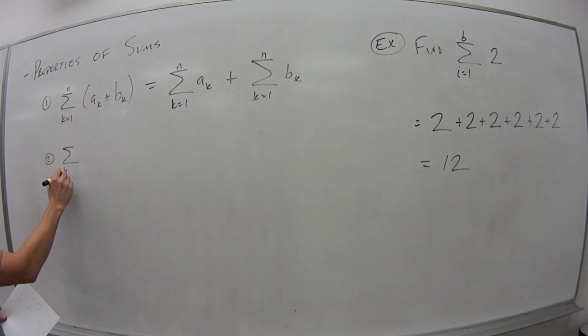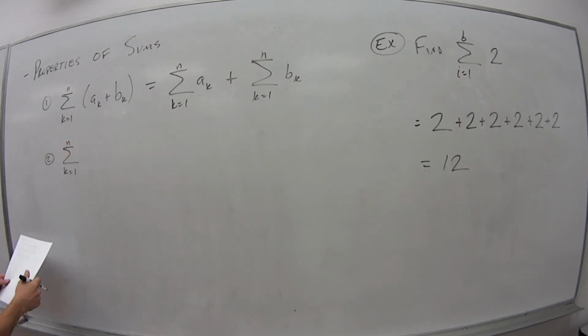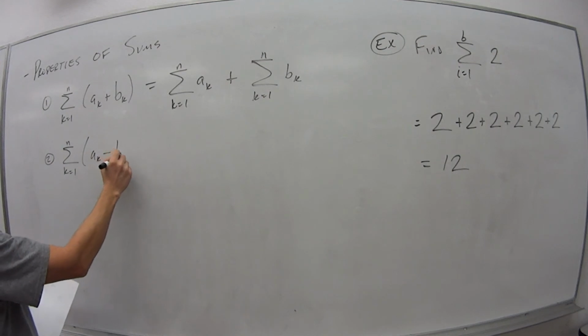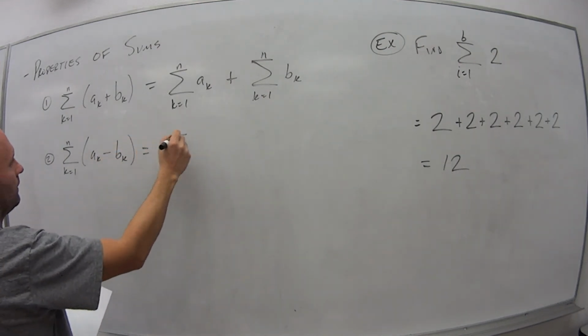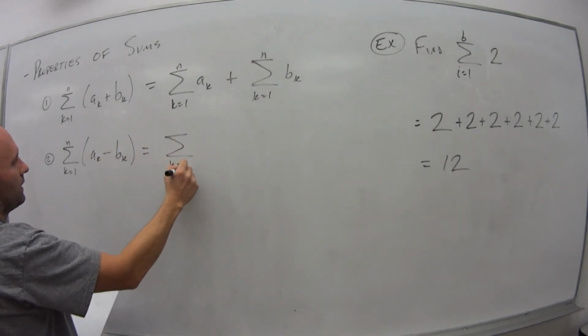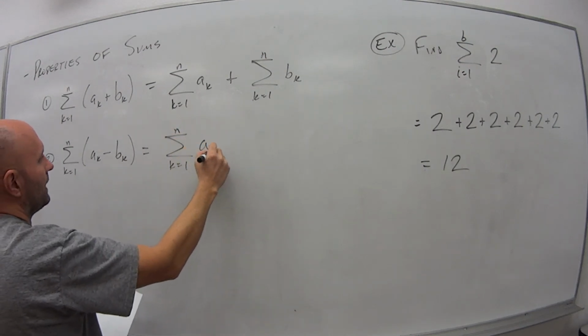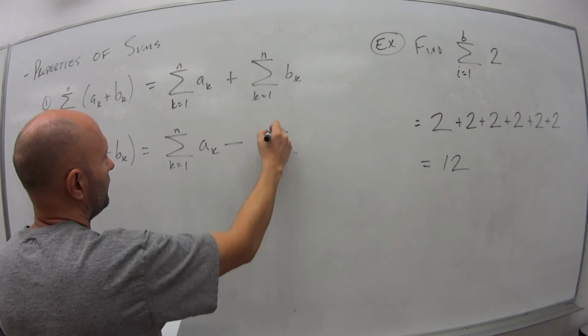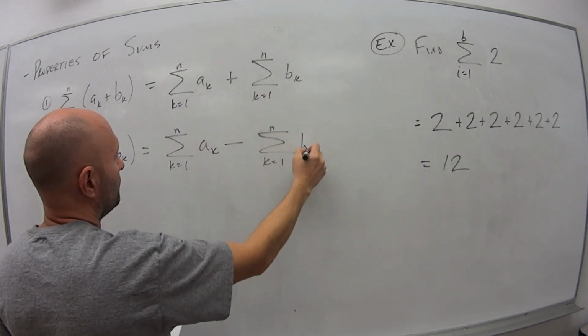Two, if I have the difference, so if I have k equals 1 to n of a_k minus b_k, again I can split it up. k is 1 to n of a_k minus now k equals 1 to n of b_k.